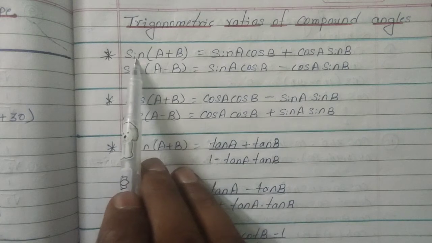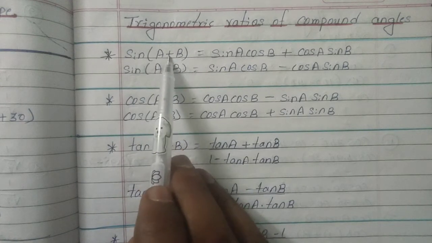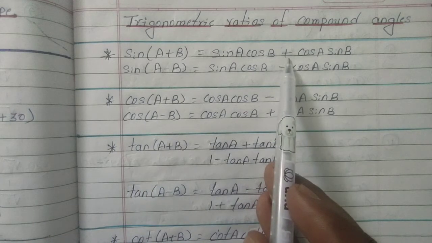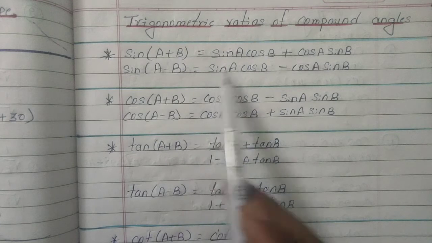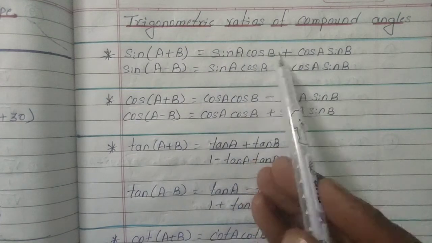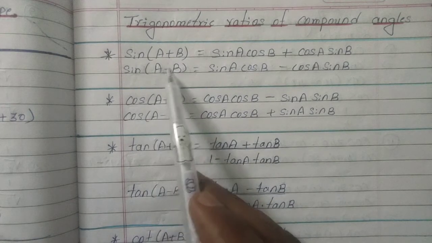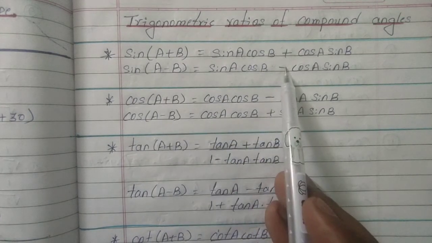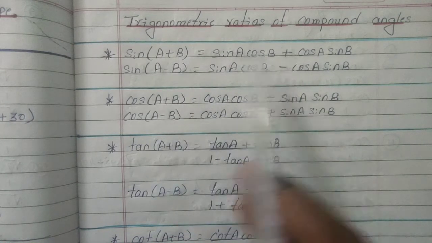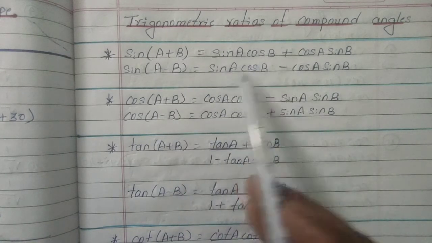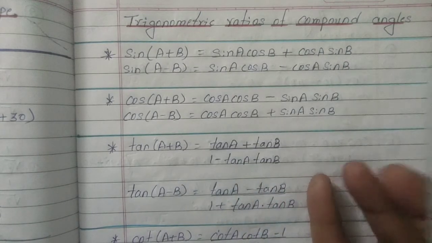Look here, inside what is the sign? Plus, then you should take plus. Suppose sin A minus B means first sin cos, sin, cos, A B. But inside what is the sign? Minus. Then you should take the inside sign as it is. So here plus means plus, minus means minus. A B common. Sin cos sin, sin cos sin. This is for sin.